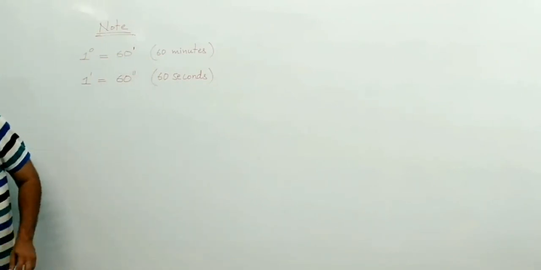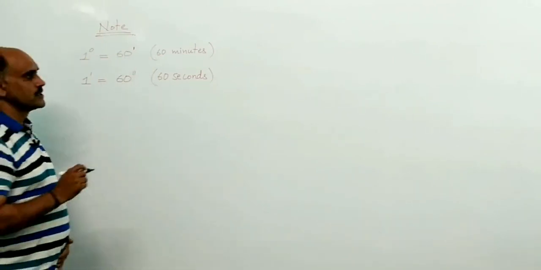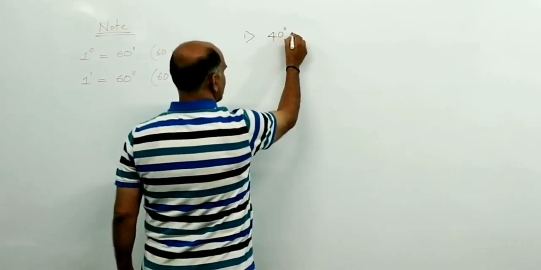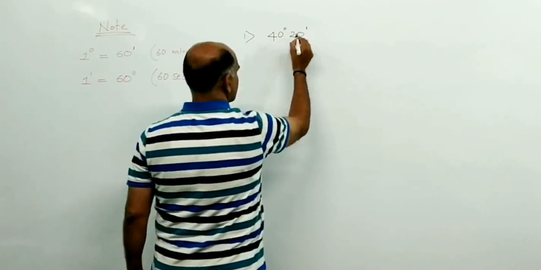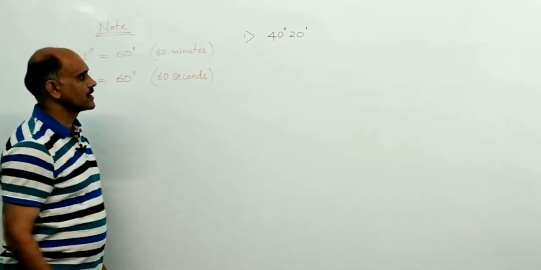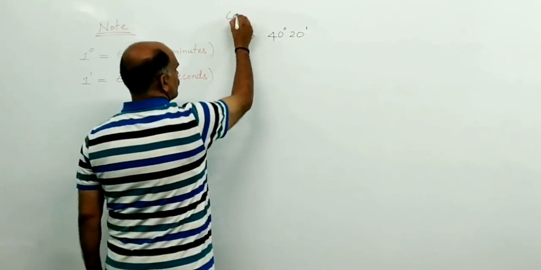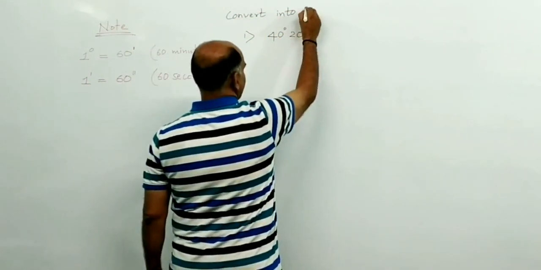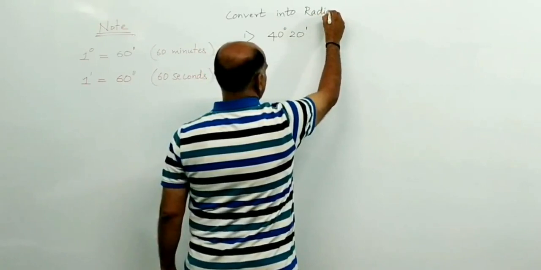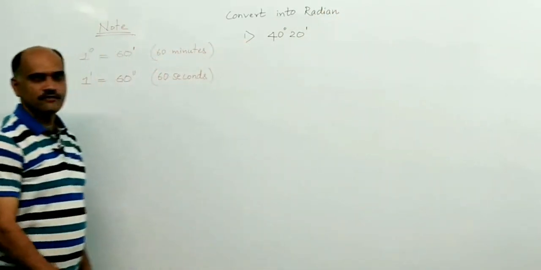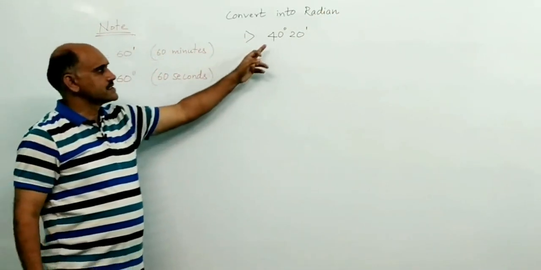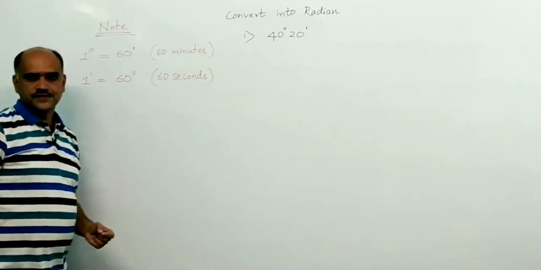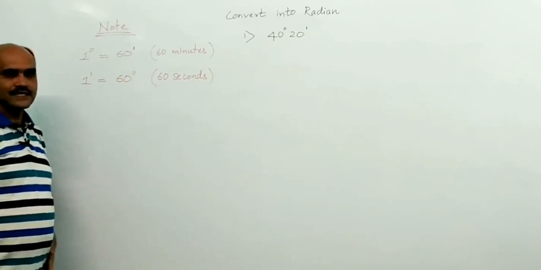Now if I take a problem on this, you are required to convert 40 degree 20 minutes into radian. You are required to convert this angle into radian. First you should convert that into degree.